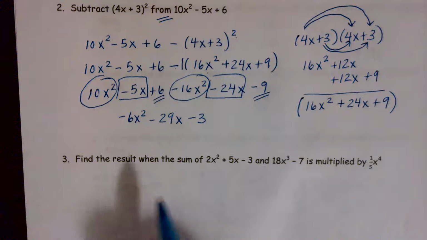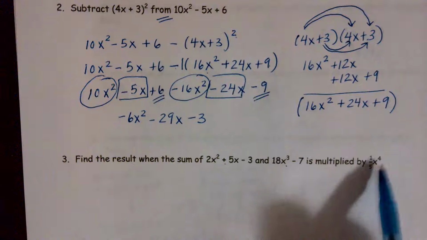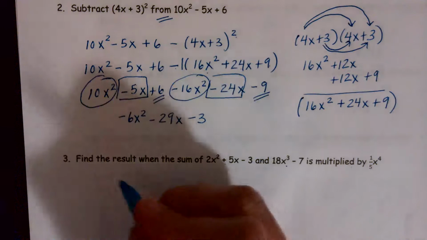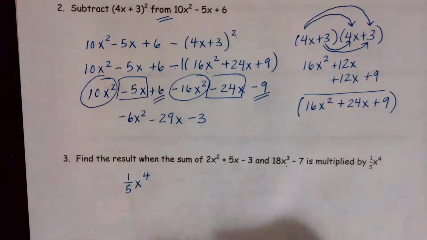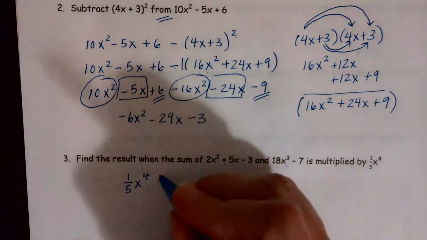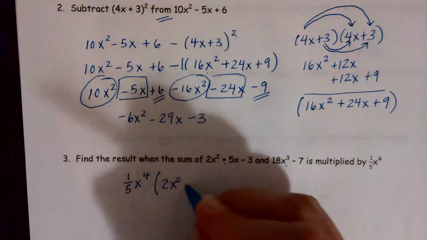And our last problem. Find the result when the sum of these two expressions is multiplied by 1/5 x to the fourth. So we're saying we're going to multiply by 1/5 x to the fourth the sum of this, which means since that's going to be done first, I need to put that in parentheses.